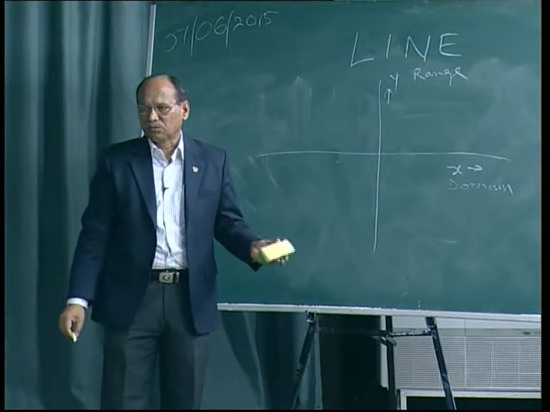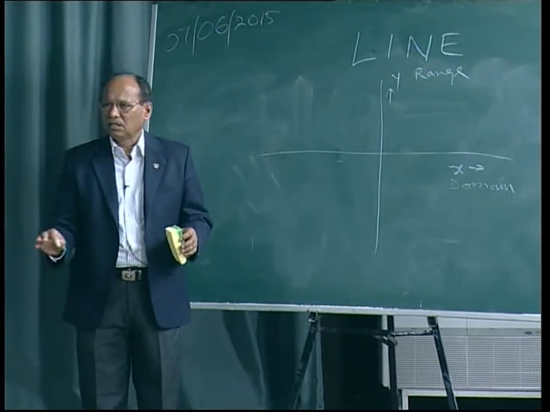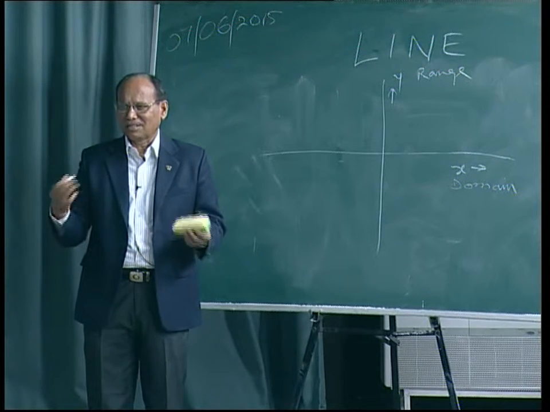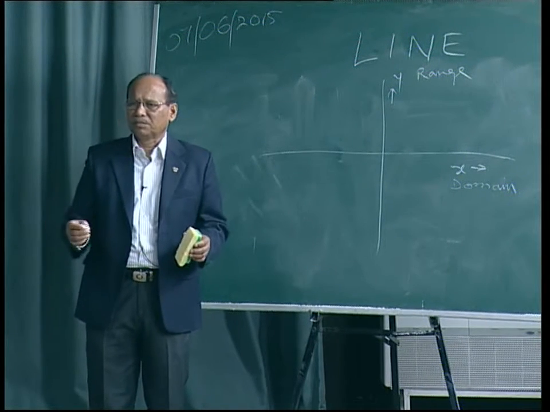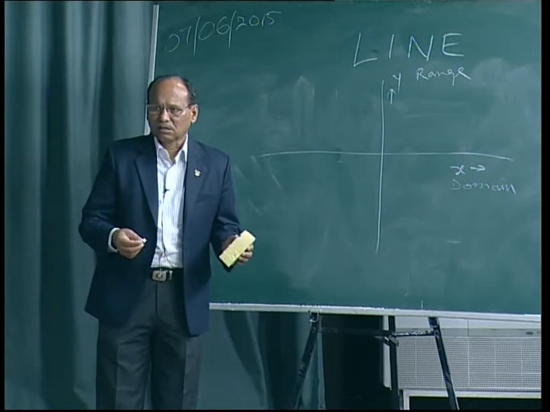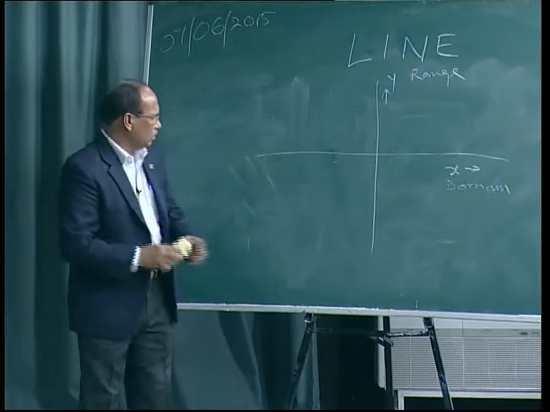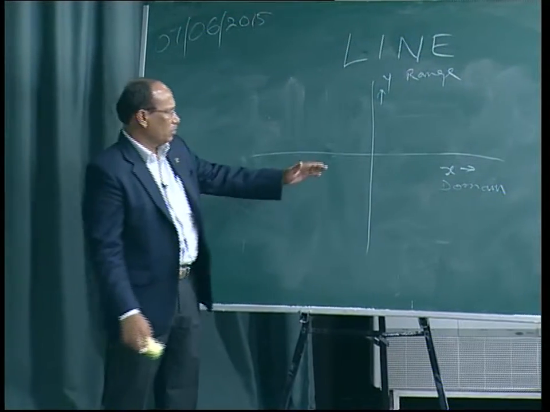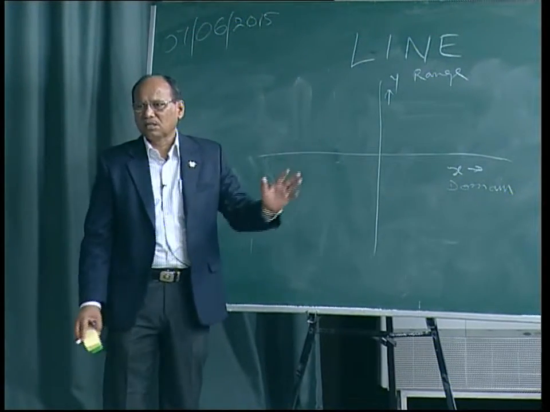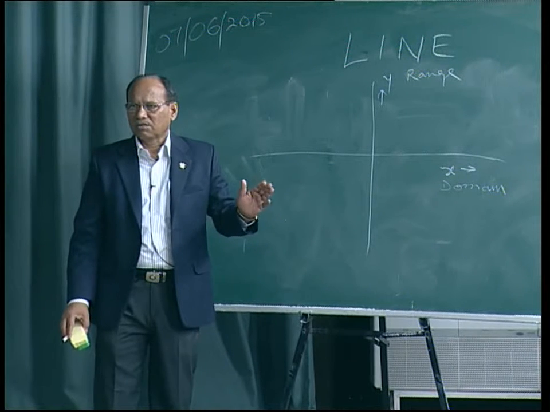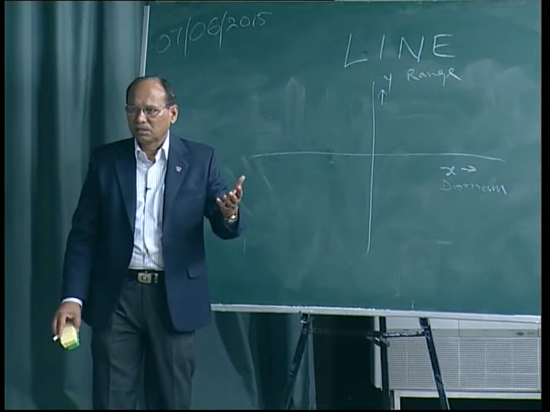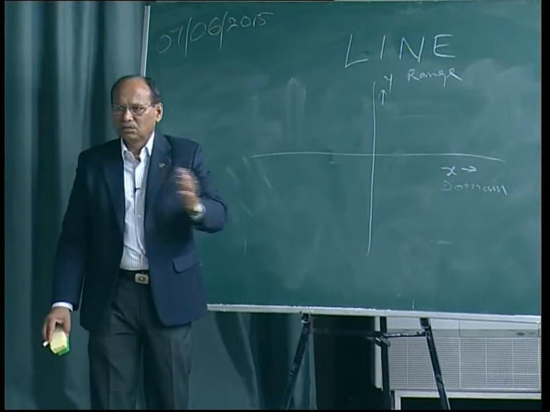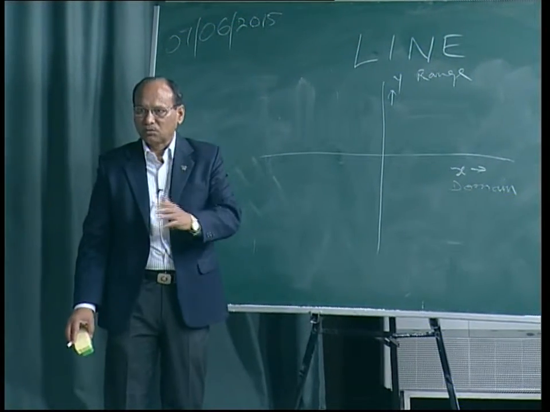Many students get confused, but you just clearly tell them: do not think anything else, x is domain and y is range, just try to remember. That will help, and in 90% of cases you can solve the problem. And x is the reference line, y is the reference line. But when it is x and y, what is the reference? The reference is the functional relationship of y with x.